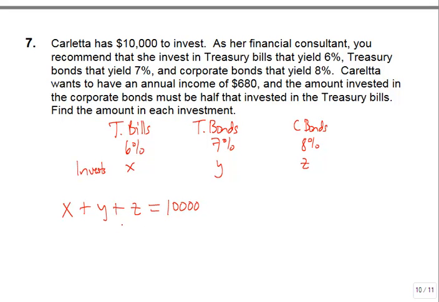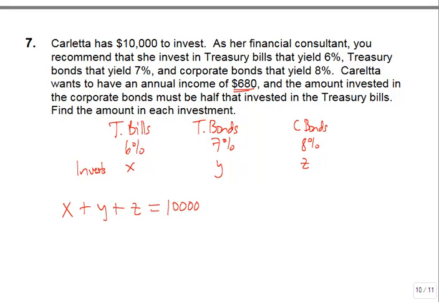Equation 2 will involve these percents because it's going to use this annual income of $680. That's like your interest earned. How do you find interest? You take your interest rate, which are these different percents, turn them into decimals first, and then you just multiply that interest rate times the amount of money that you've invested.